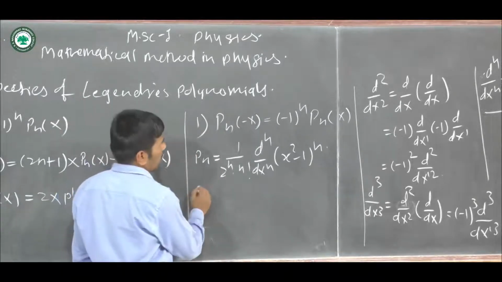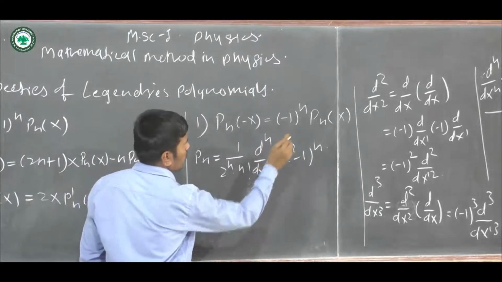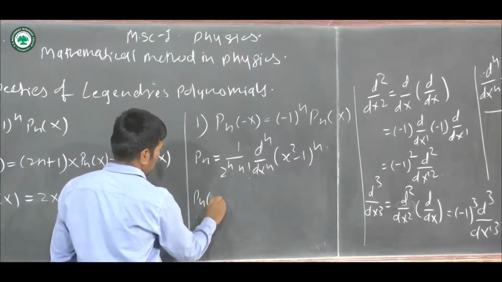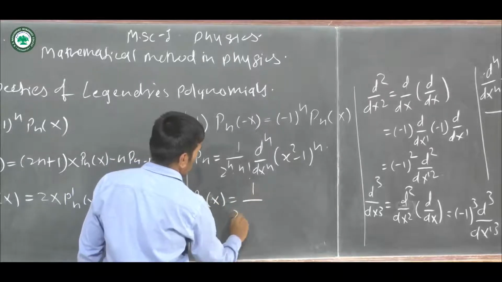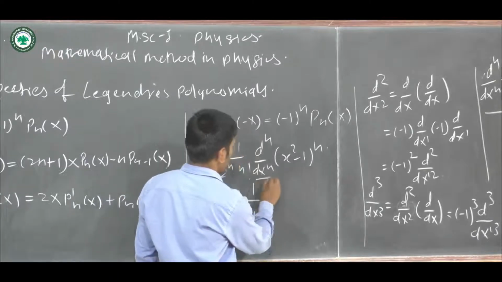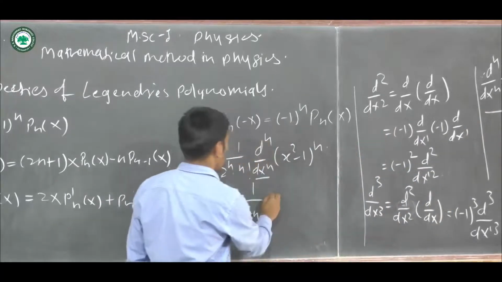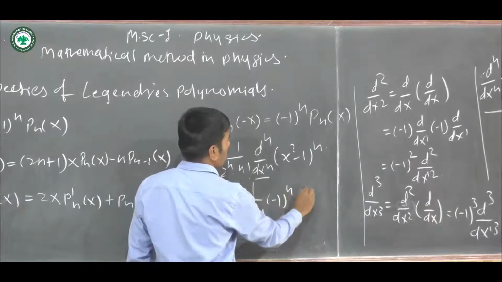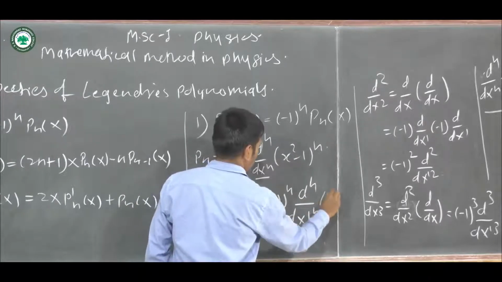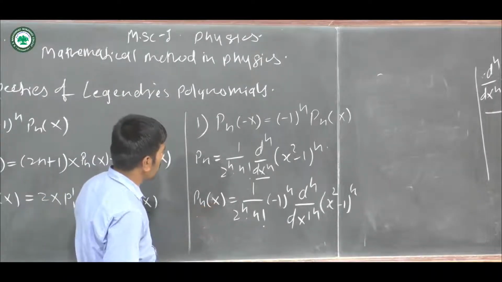So here we can replace d power n by dx power n with this. So Pn of x is equal to 1 by 2 power n into n factorial, and this d power n by dx power n we replace with minus 1 power n d power n by dx prime power n into (x square minus 1) power n. So here this x we replace with minus x.